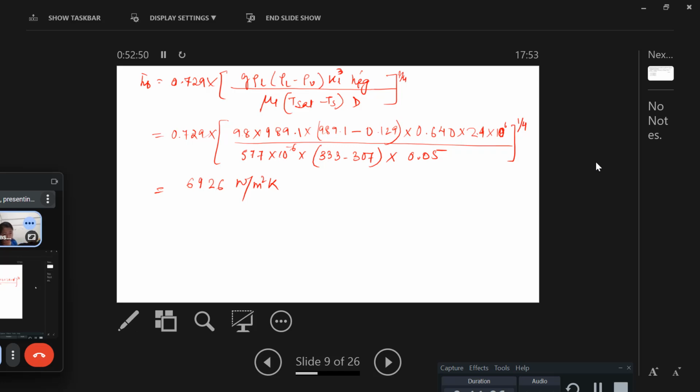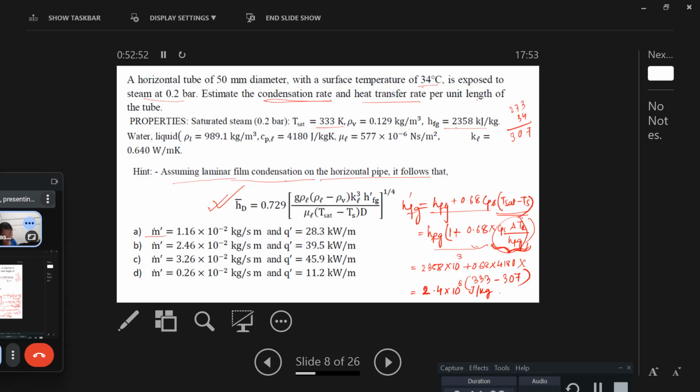Let's calculate. Since we are asked to find out both condensation rate and heat transfer rate, and since we didn't calculate the Reynolds number, we'll first calculate the heat transfer rate per unit length.